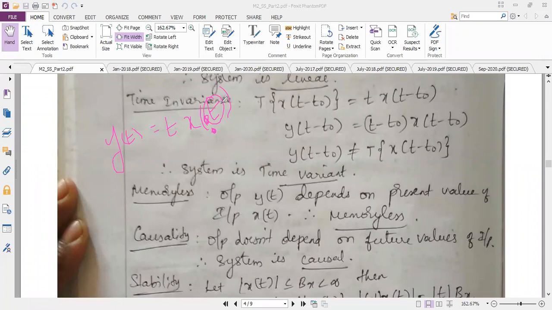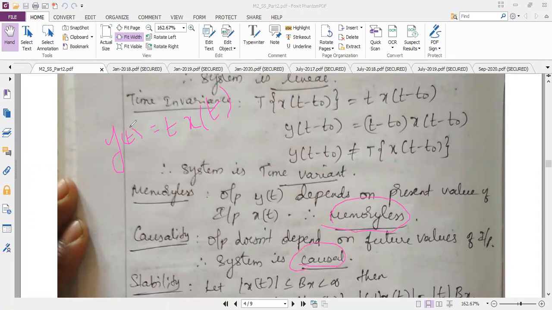If I substitute t as 5 on the left hand side, on the right hand side I also get x of 5. So there is no scaling factor. If there is no scaling factor, directly you can conclude the system is memoryless.